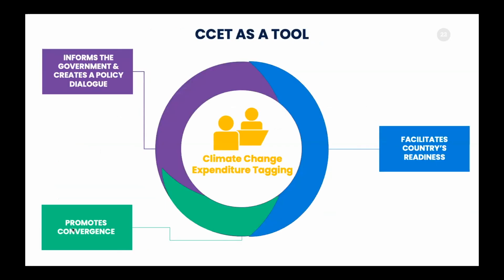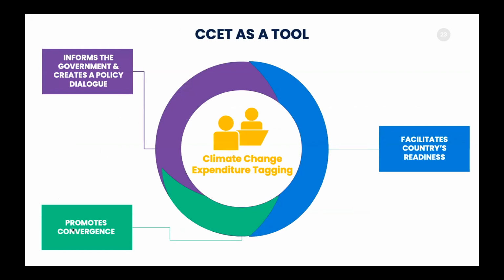And why do we tag? It actually provides information, it informs the government, it provides analytics po, no, data analytics of how much the government is allocating for climate change programs.